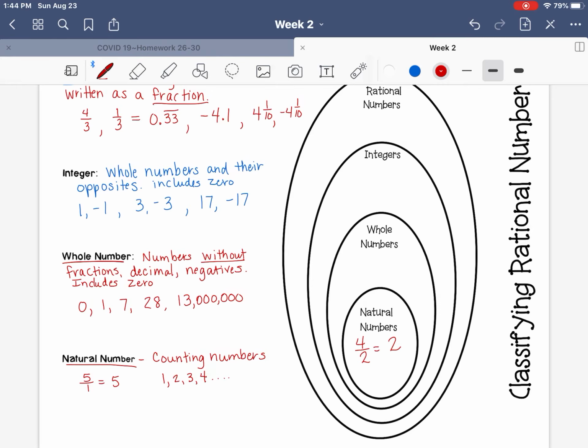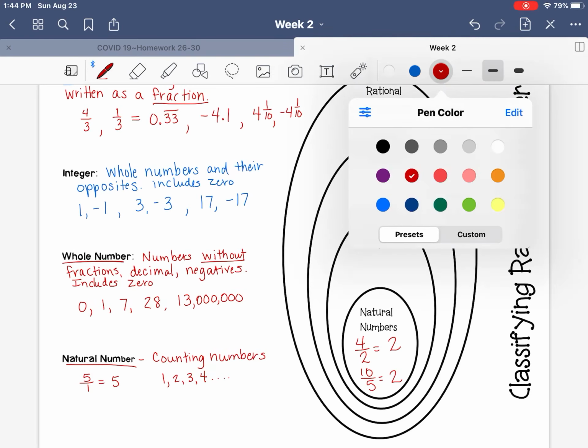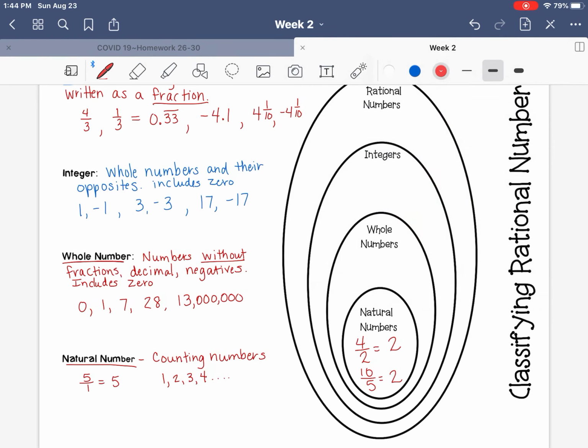If I gave you the number 10/5, it also simplifies down to 2, which makes it a counting number. The only difference between whole numbers and natural numbers is 0.